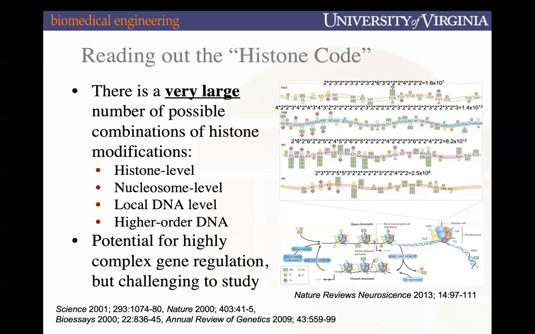So is there like a default activation level for a lot of these things? Like, do we need modifications to activate them, what's the status quo? It varies based on each gene. Each gene is going to be regulated very differently. And how some genes are regulated, we're still trying to understand. But there are some genes that always need to be expressed. We always need actin to be expressed in our cells.